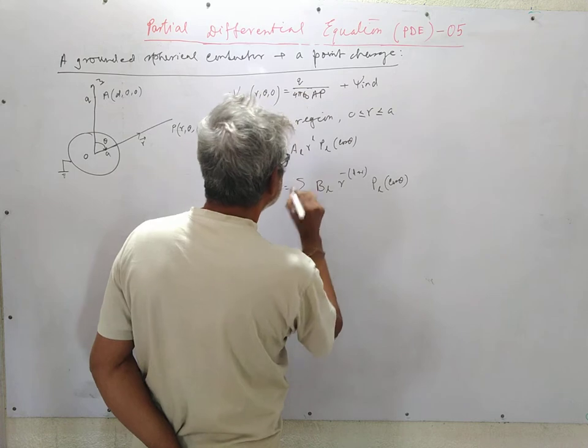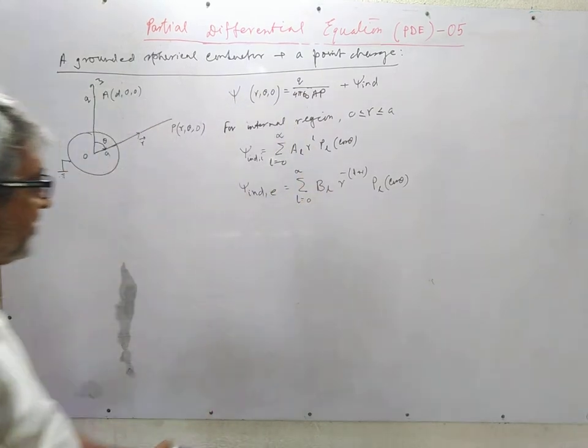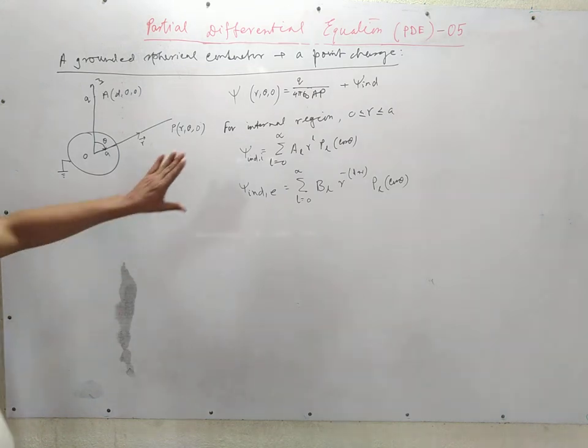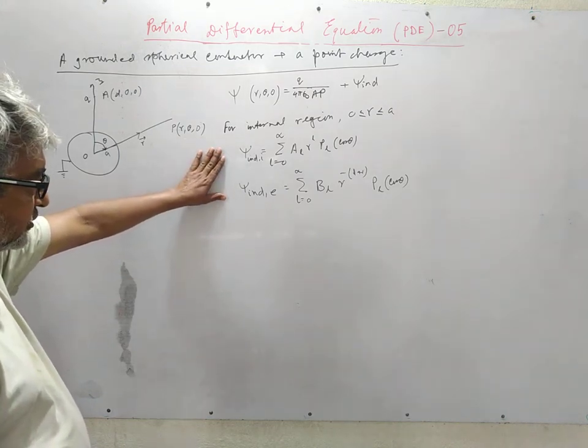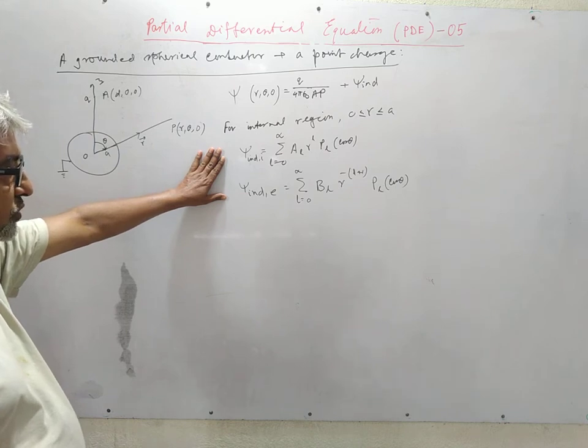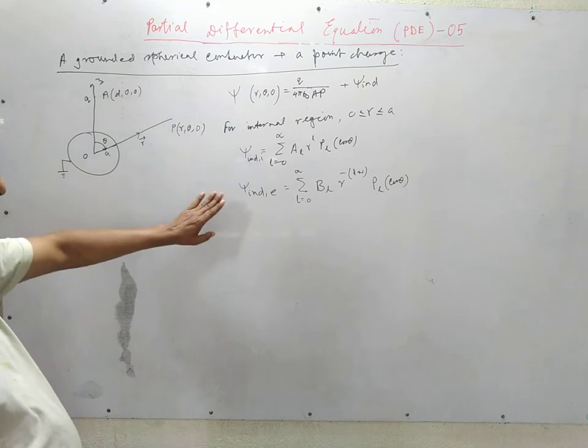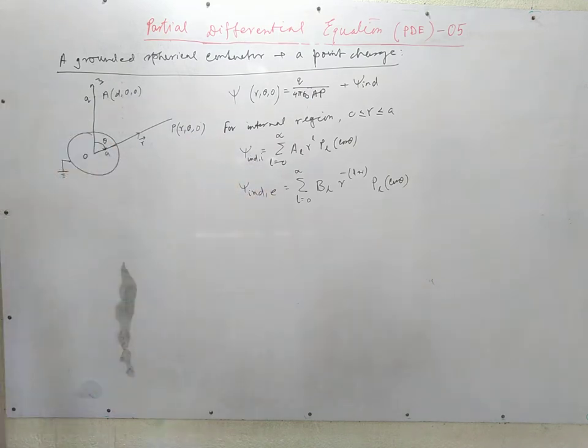So these are the induced parts. Here we have assumed that the solution is so chosen that the potential remains finite everywhere and it goes to 0 asymptotically.